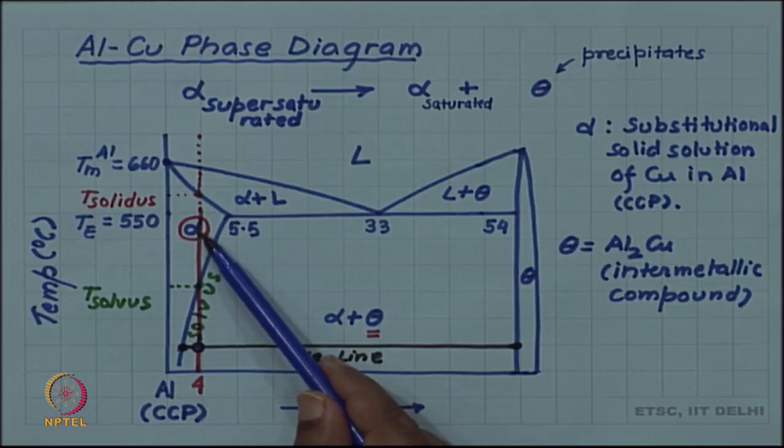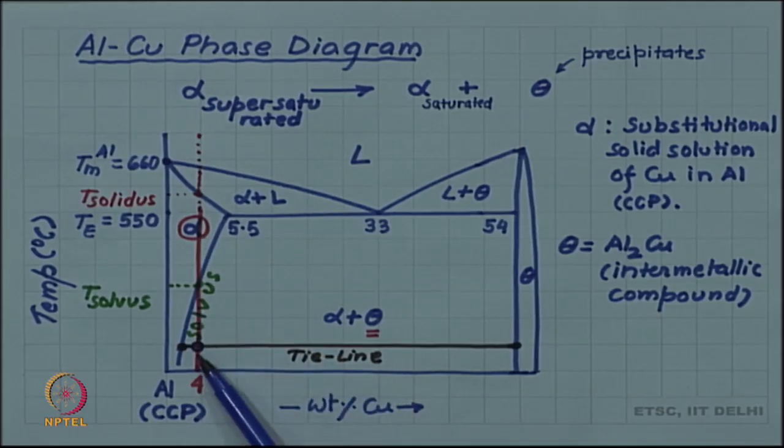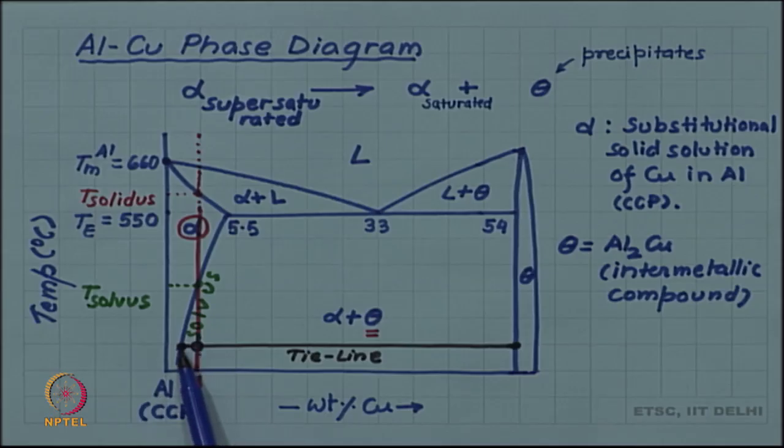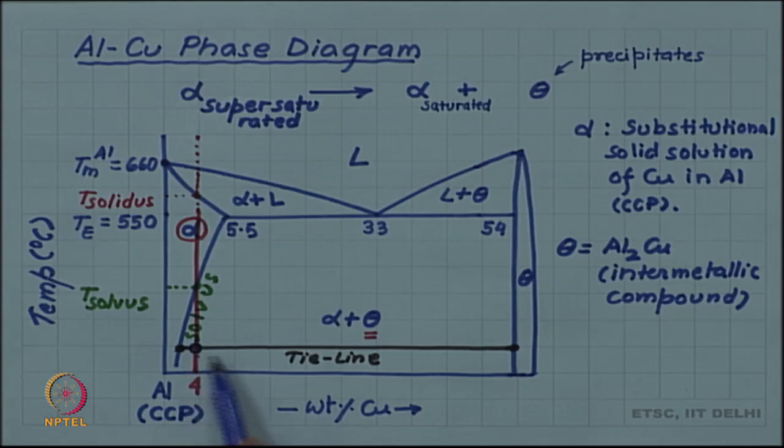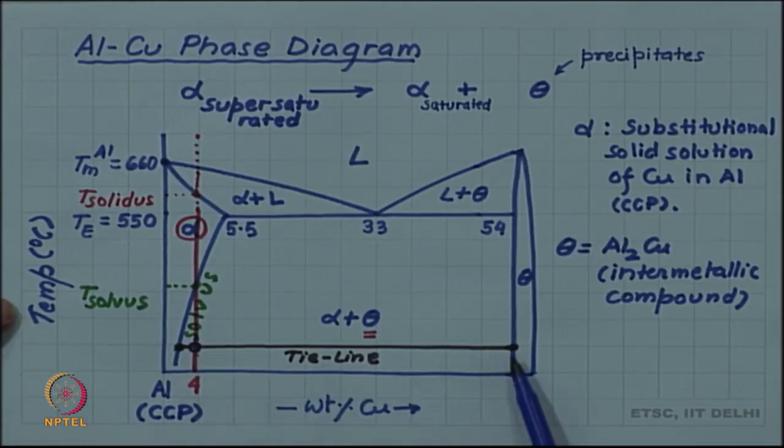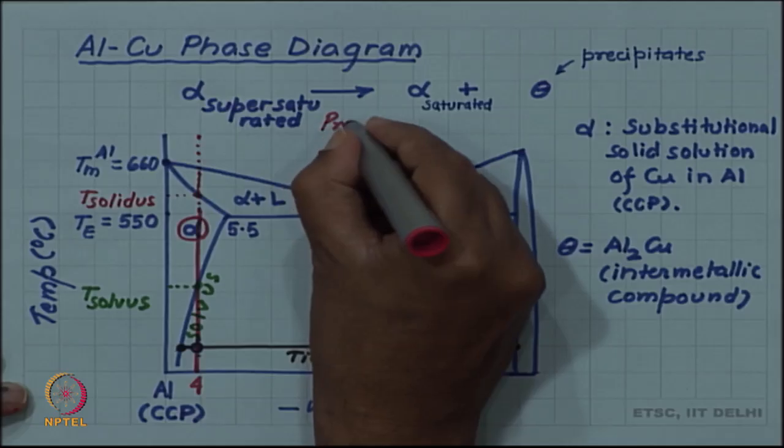So, if we suddenly quench the alpha phase to this temperature of the tie line, then initially the concentration will be 4 weight percent, but the equilibrium concentration is much less than that, let us say 0.5 weight percent. So, the extra copper in the alpha phase will start coming out of the matrix, and that extra copper will concentrate in regions which will form theta. This is the so called precipitation reaction or precipitation transformation.